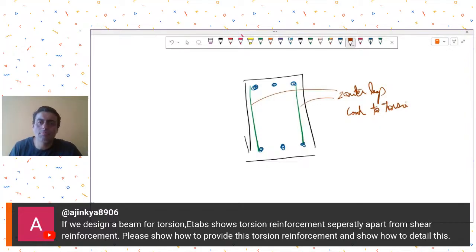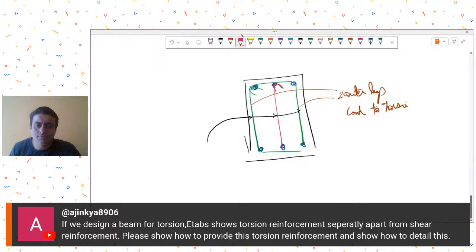Now when you are being given the shear reinforcement, whatever legs you have provided, let's say in case of my beam, I had provided three-legged stirrups. So there was an outer ring and then there was an inner link like this.